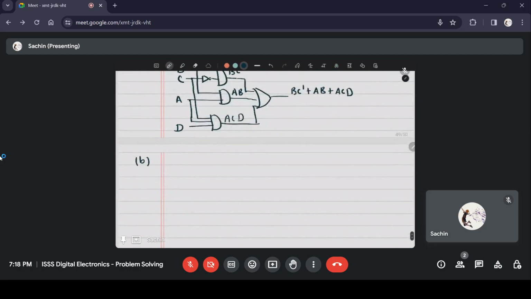Part B is (A plus B)(C plus D)(A prime plus B prime)(B plus D).